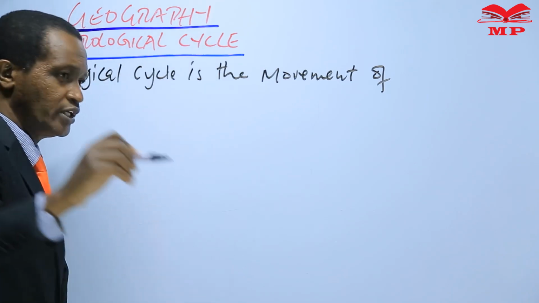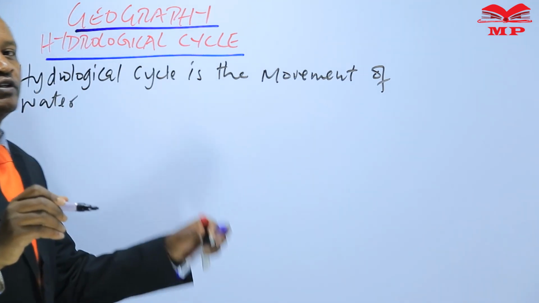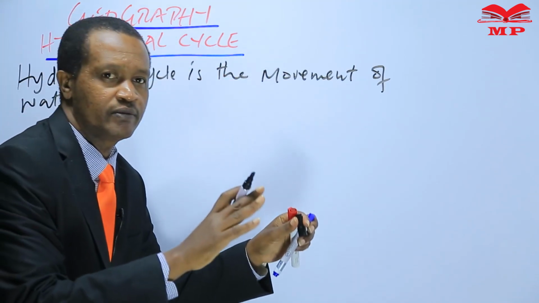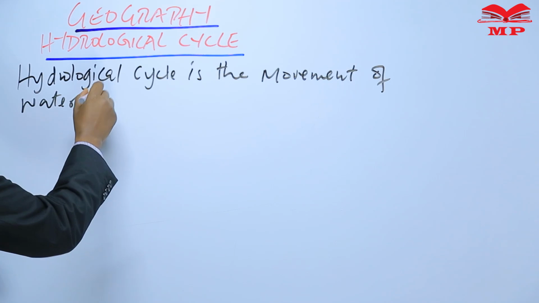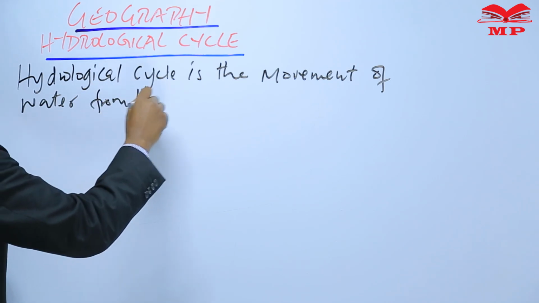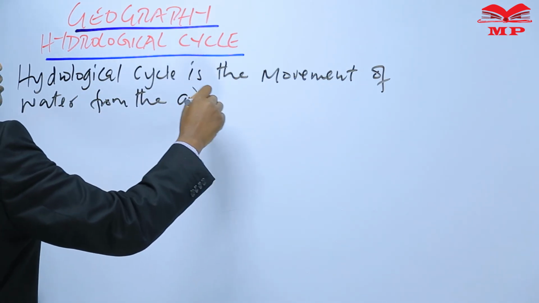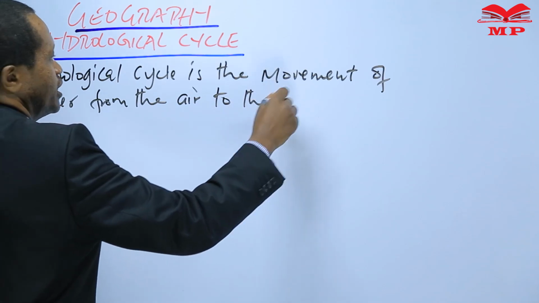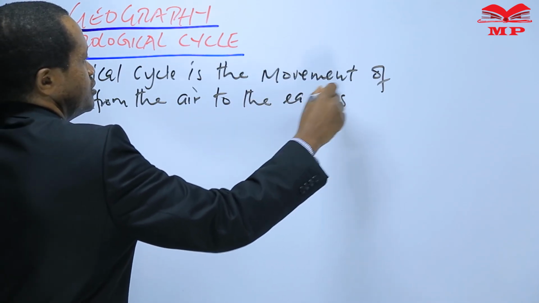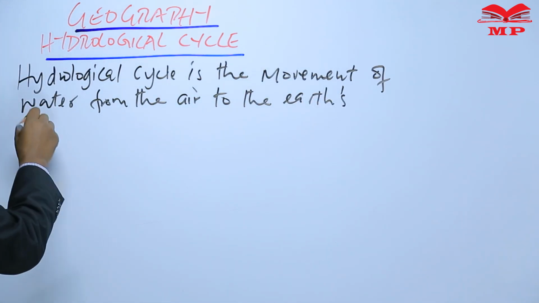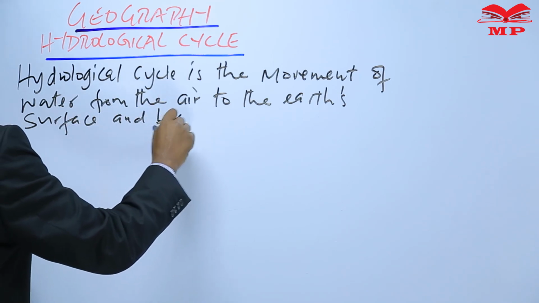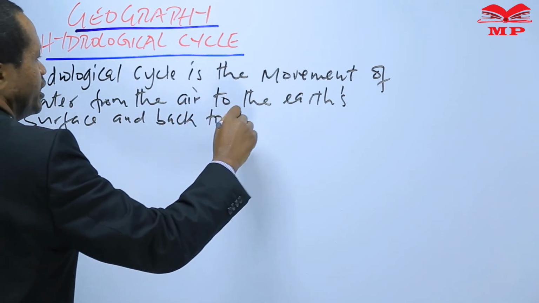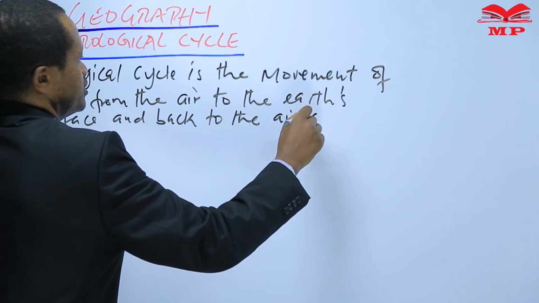Hydrological cycle is the movement of water from the air to the earth's surface and back to the air again.